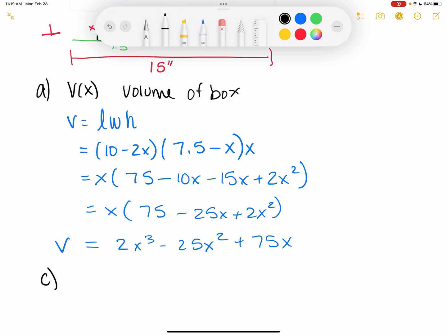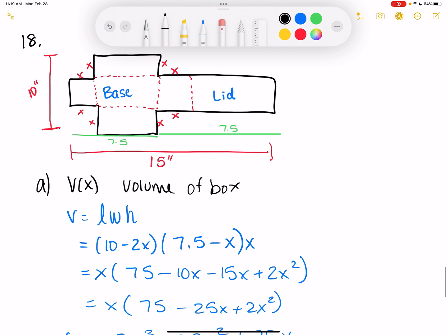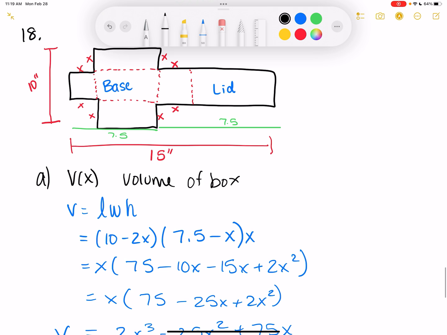I changed my window to 0 to 5 for the x, and then 30 to 70 for the y. Basically, I could tell that something was off, and I just made some assumptions about the window and what it needed to look like, also knowing some stuff about the base of the box.